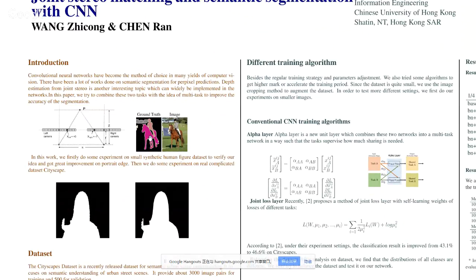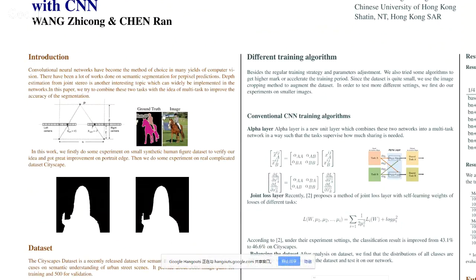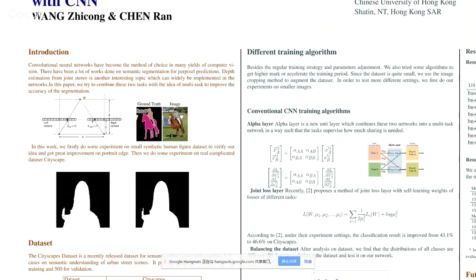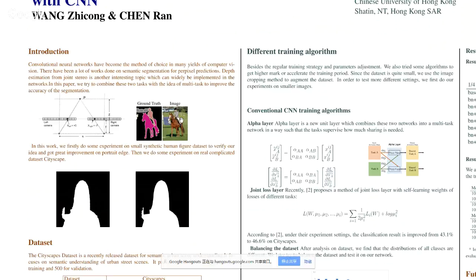You see the same class of object will have the same label, and we try to join these two different tasks together. Before we start our experiment, we first examine our idea on a small synthetic human figure dataset.